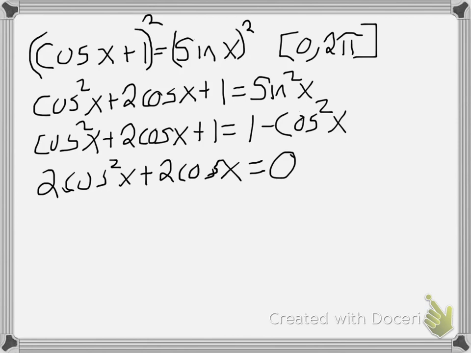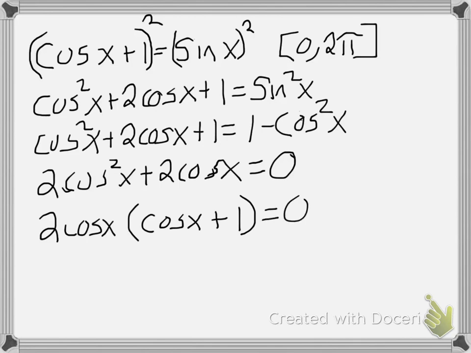Okay, well this is nice because it kind of factors pretty nicely. I have a greatest common factor of 2 cosine of x. So I've got 2 cosine of x times cosine of x plus 1. Again, I just pulled out the greatest common factor between these two terms. Okay, so now let's set each of these equal to 0.